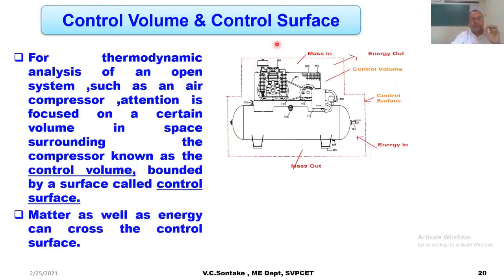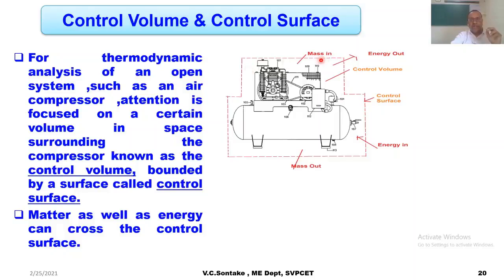For example, if I take this compressor, the volume of this compressor I am considering for some thermodynamic study will be called the control volume and it will remain fixed during the thermodynamic study. And the surface which covers this control volume is called the control surface.